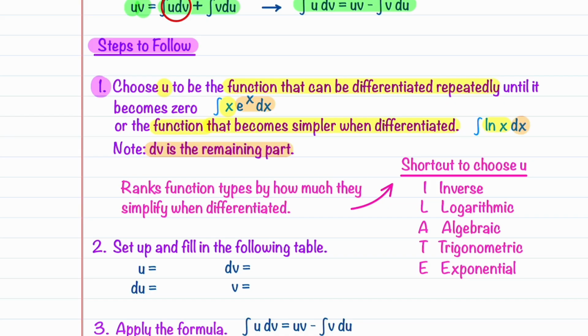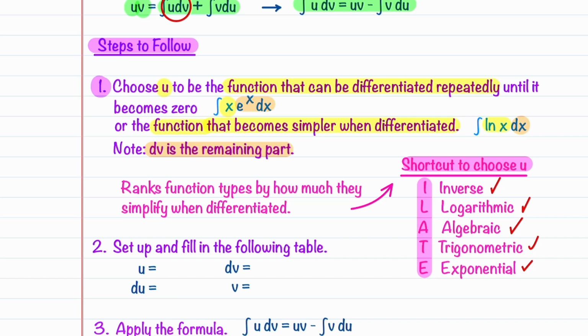Looking over here on the right-hand side, the acronym ILATE is just a shortcut for this same idea for choosing u. The functions here that you can choose to be equal to u, either inverse, logarithmic, algebraic, trigonometric, or exponential, are listed roughly in the order that they simplify when differentiated.